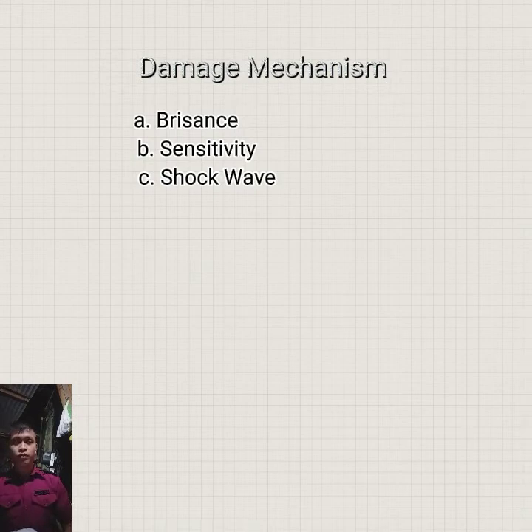For example, if a grenade was thrown 20 meters from you, you will feel the energy or the shockwave that comes from the explosion to you. That is shockwave.